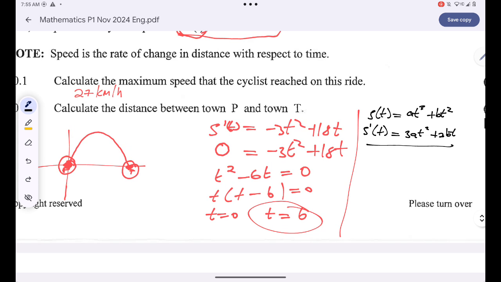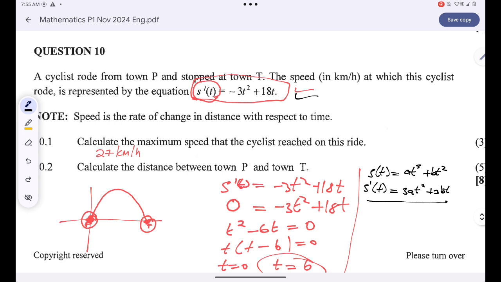But this and this are one and the same thing, guys. Né? So that simply means this 3a is equal to negative 3, the coefficient of t squared, and also 2b, the coefficient of t, is equal to 18, which is the coefficient of t.